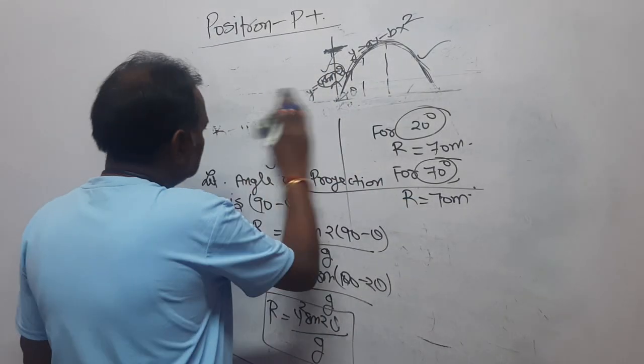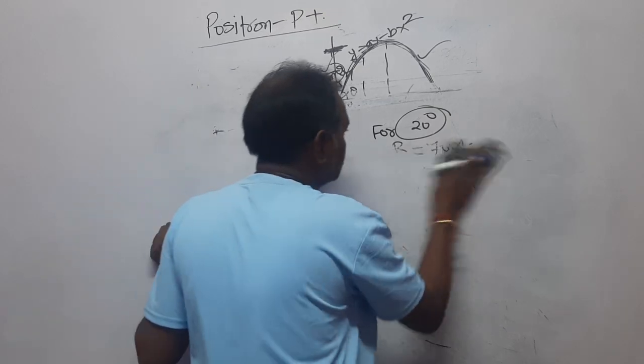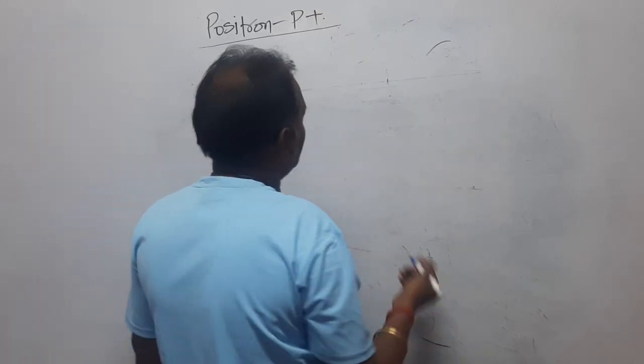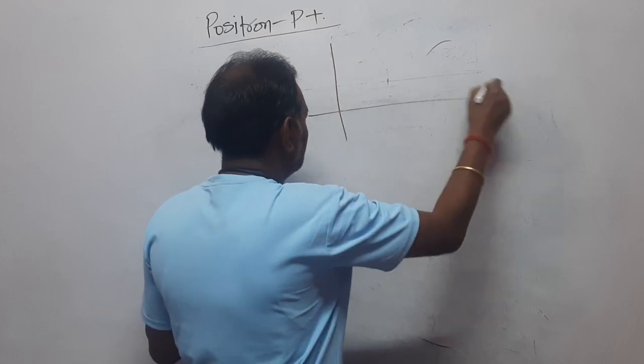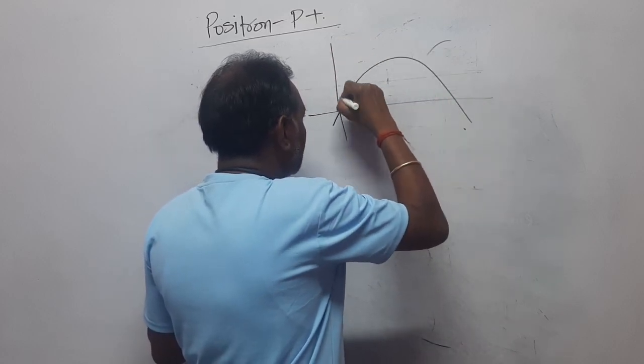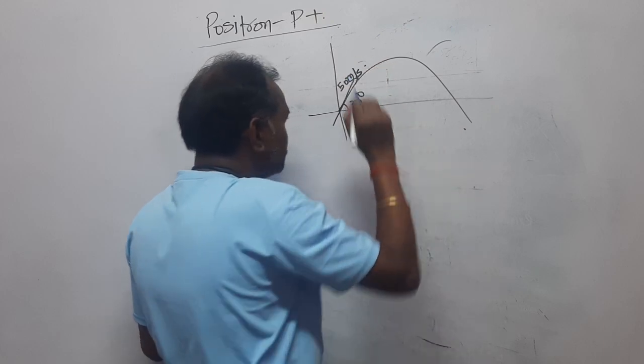Now, dear student, let a question be asked very simply, that a body is projected at an angle 30 degree with an initial velocity 50 meter per second.